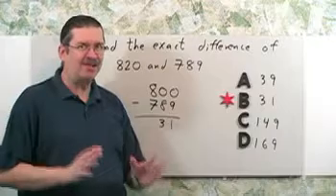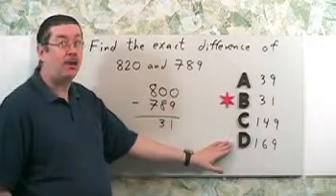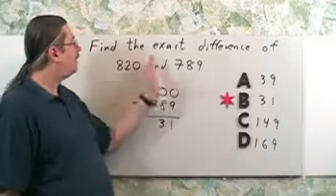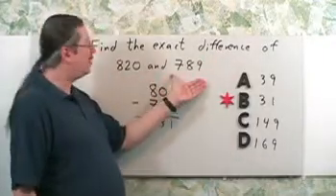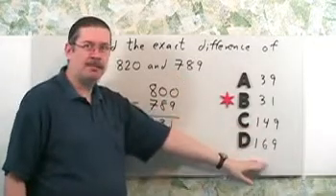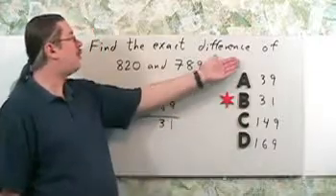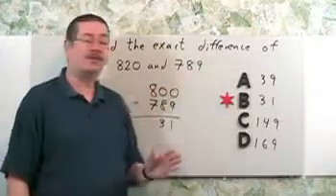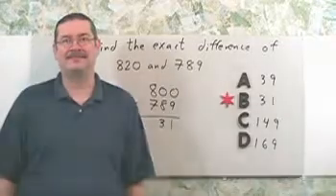Now, if I had to take an educated guess to solve this problem, I would not have picked C or D. Why? Well, they want the exact difference. The difference between these 2 numbers doesn't seem to be that much, and these are rather large numbers. So I would have gone with A or B. Now, the word difference means subtraction. So all you have to do is subtract the 2 values, and you get 31.